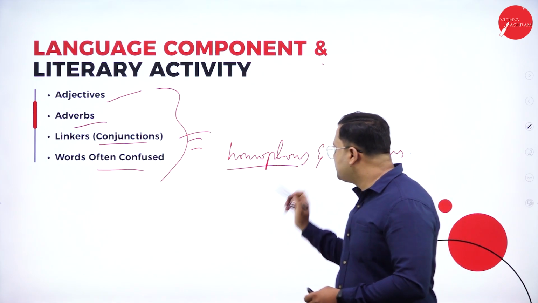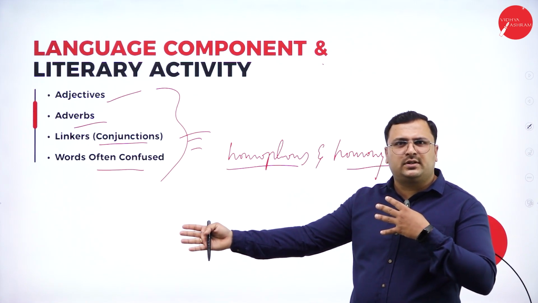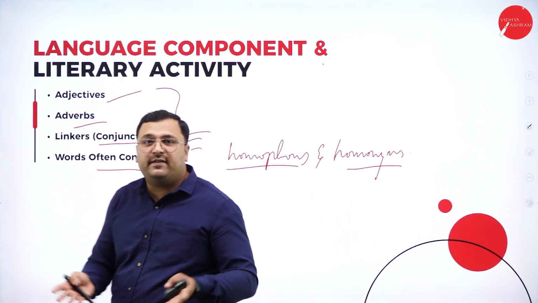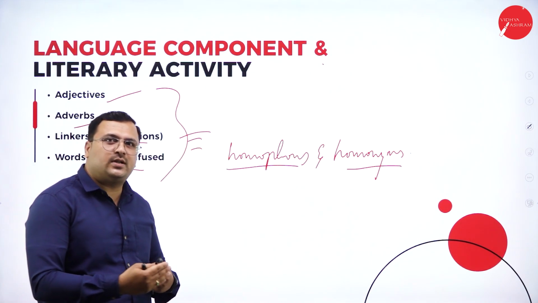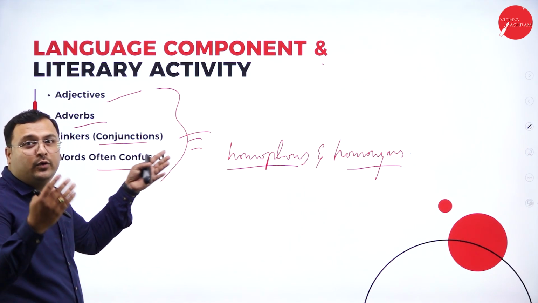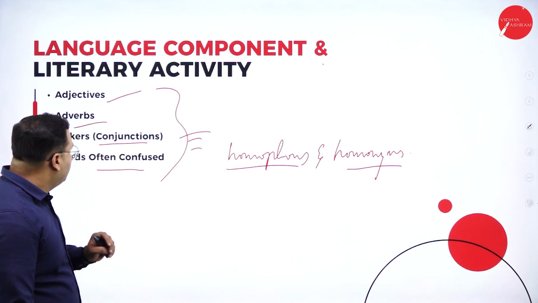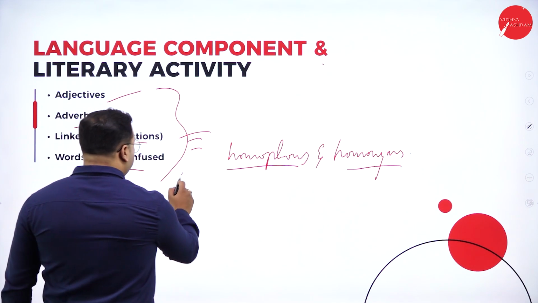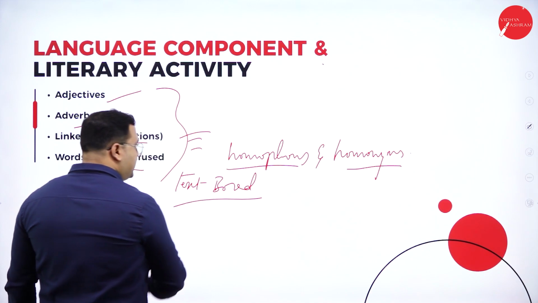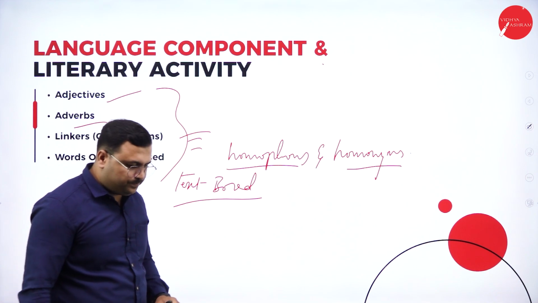So what are homophones and what are homonyms? How often do we get confused with words? When words sound similar but have different spelling and different meaning, if we change those words according to our understanding, how is it going to affect the sentence, and how do we sometimes fail to express our thoughts? So it is based on the textbook. It is text-based. You will study these 4 things in this semester.